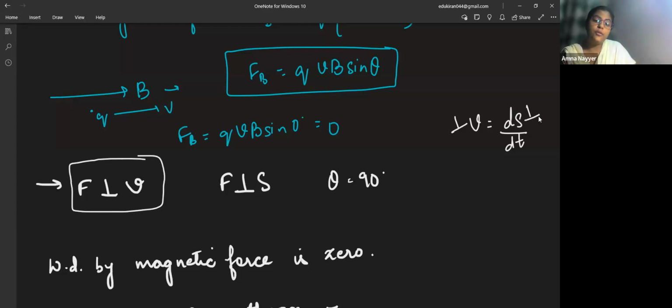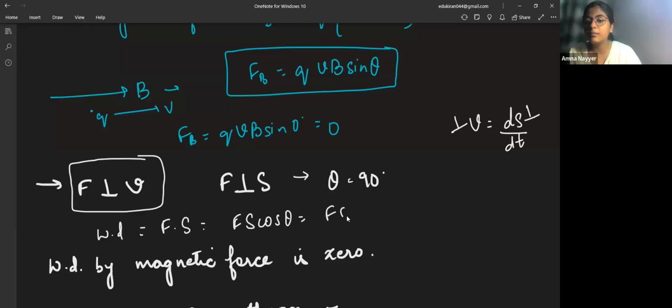This implies that the angle between them would be 90 degrees. The formula of work done is F dot S. For dot product, we use cos theta. So this becomes Fs cos 90 degree, which is 0. Work done is 0.